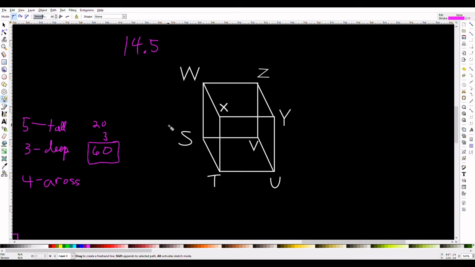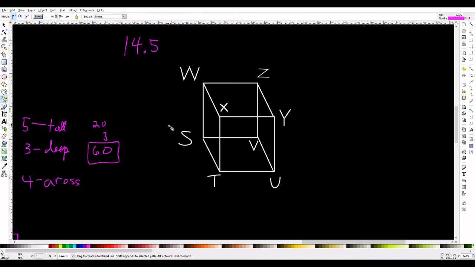For 14.5, we're just going to investigate some properties of cubes. And we're all used to cubes because we've played with dice before. A cube is a special rectangular prism in which all edges have the same length. Find the formula for the volume of a cube with side length s. So what is the formula for the volume of a cube?